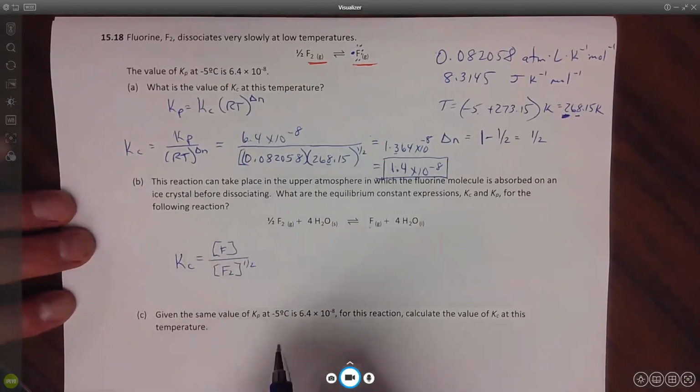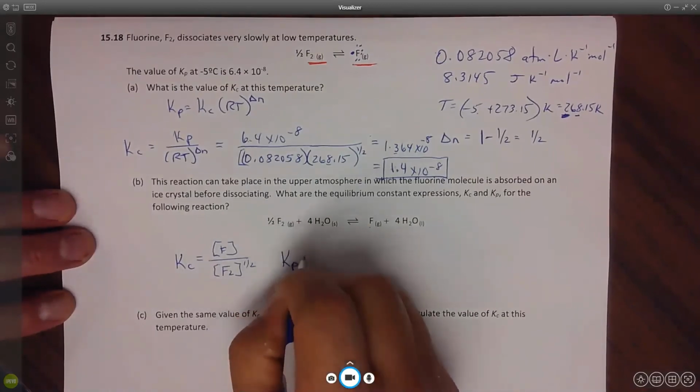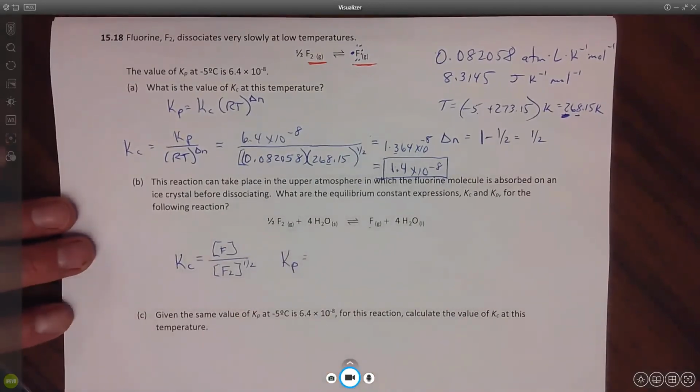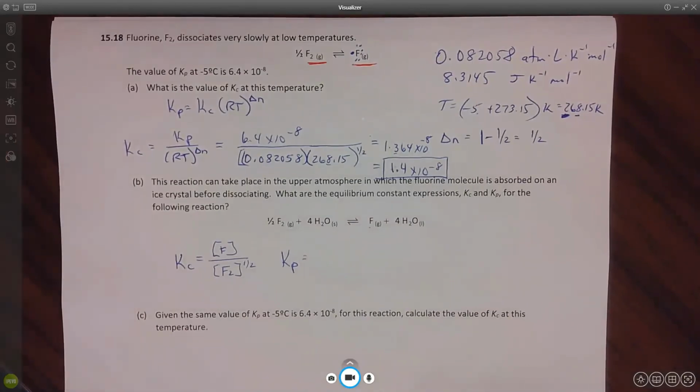Okay. Taylor, what about Kp? What's the expression for Kp? Would it be the same thing? Well, let me say yes and no. Do you include the solids in it?